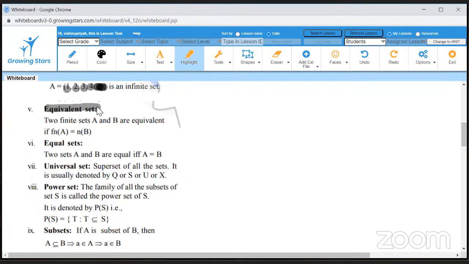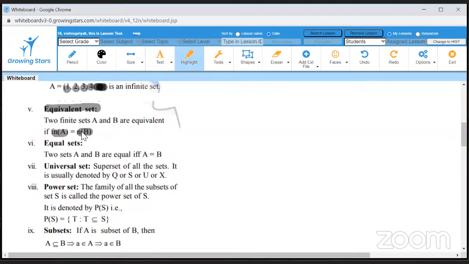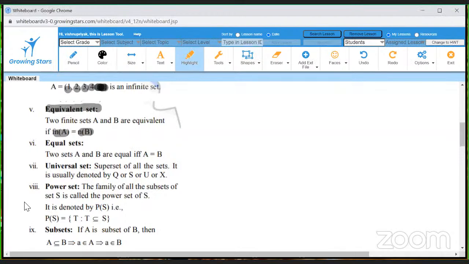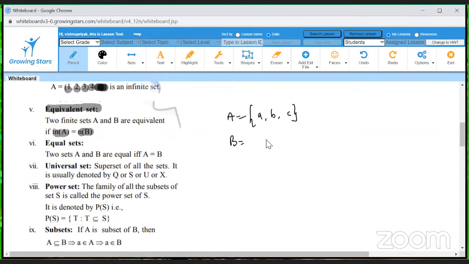Equivalent sets: if the number of elements in set A and the number of elements in set B are equal, only the number of elements are equal. For example, in A you have a, b, c, and in B you have 1, 2, 3.